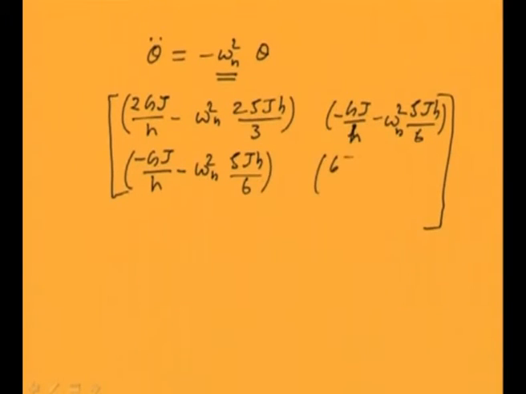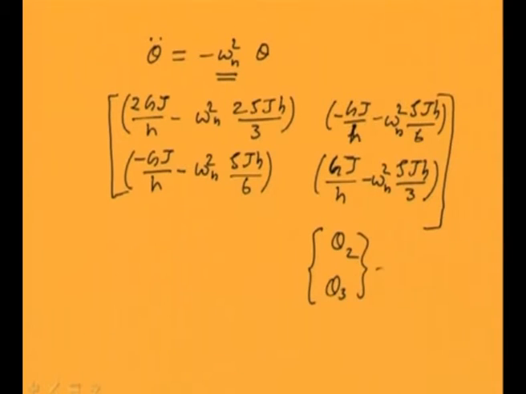And the last term is this, and it is getting multiplied by theta 2 and theta 3, and that is equal to 0. So that is a homogeneous equation, because this will go here.